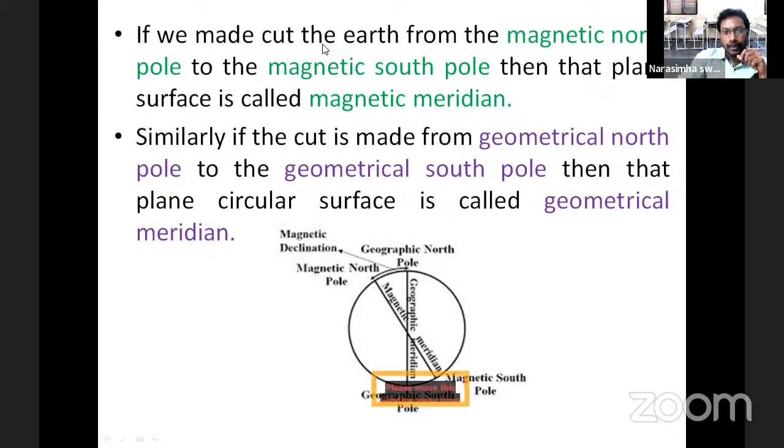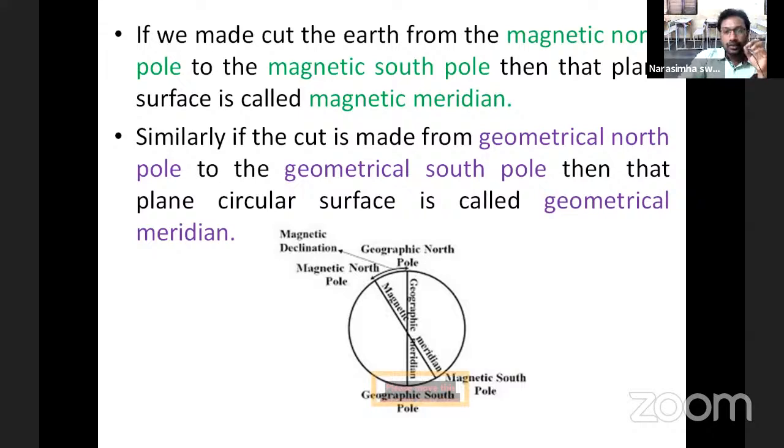So here we are making a cut from the magnetic north pole to the magnetic south pole, and that plane surface is called the magnetic meridian. Very important. First of all, you should understand what a north pole is, and we have 2 types: the geometrical north pole and the magnetic north pole.